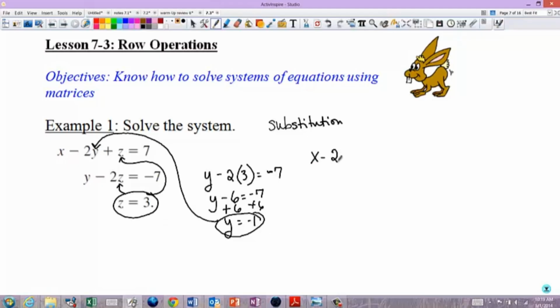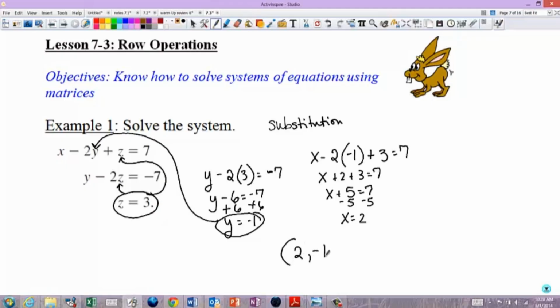X minus 2 times y, but y is negative 1, plus z is 3, equals 7. So x plus 2 plus 3 equals 7. X plus 5 equals 7. Minus 5 minus 5. X equals 2. So my answer, it's x, y, z. So it's 2, negative 1, and 3.